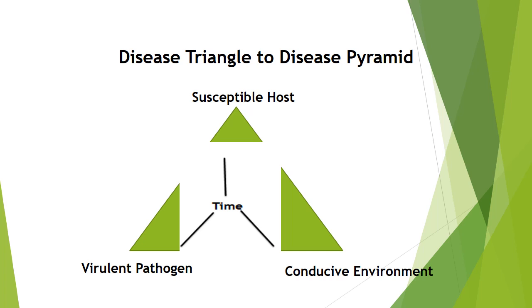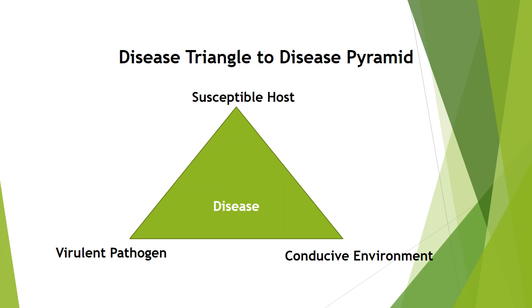Everyone in plant pathology agrees with Stevens' statement, but still there are people who say that this disease triangle fails in some particular cases. For example, there are diseases which are caused by viruses. In Pakistan, there is a disease known as cotton leaf curl disease, caused by a virus known as cotton leaf curl virus.